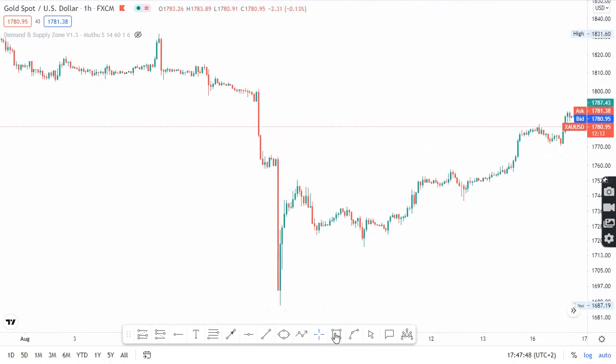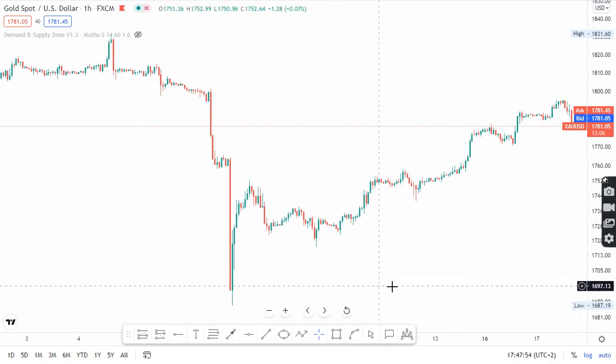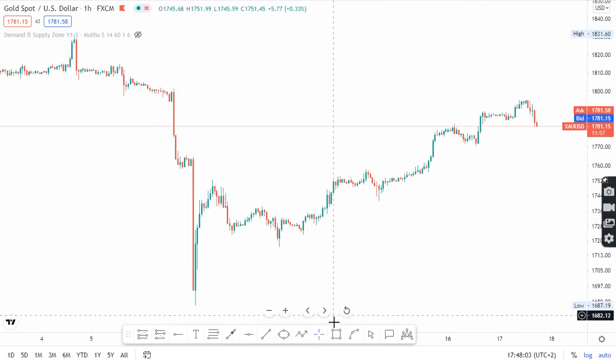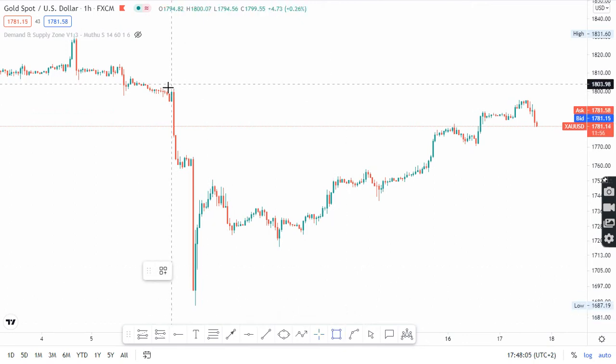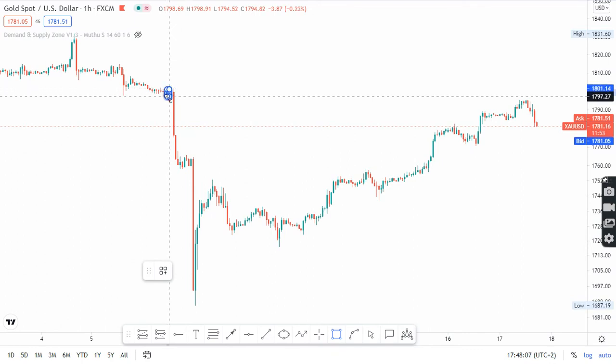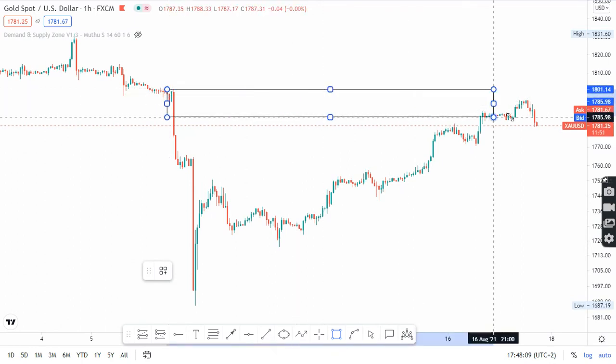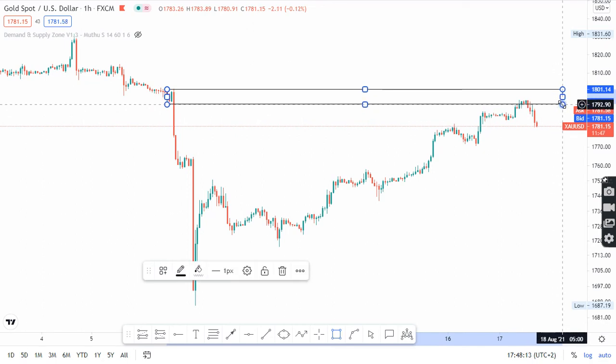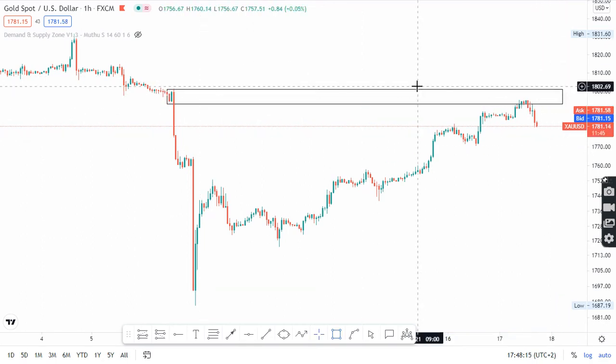What you do is identify your supply zone. How do you draw a supply zone? We've talked about this in past videos; if you don't know, go and watch the videos we just did. From here, I'll identify my zone, and I'll draw from the last bullish candle before the bearish move. I'll draw my level like that and extend it to the right.